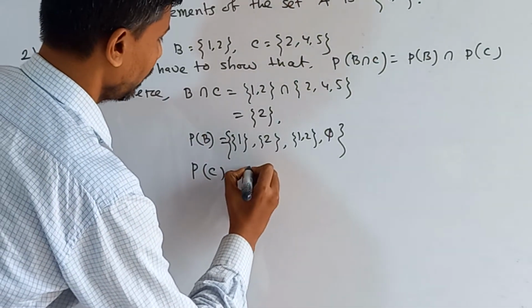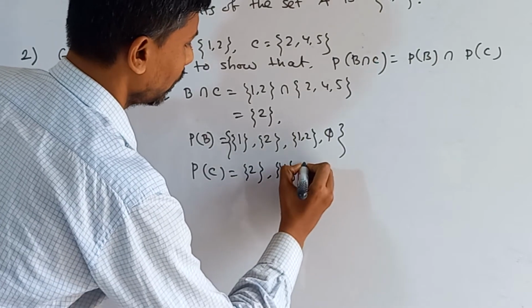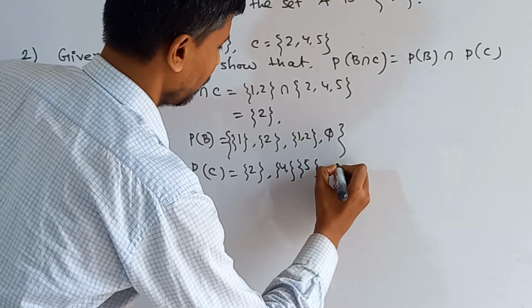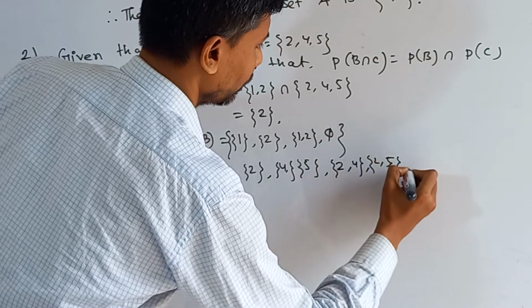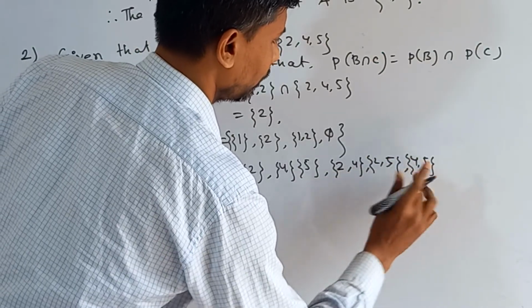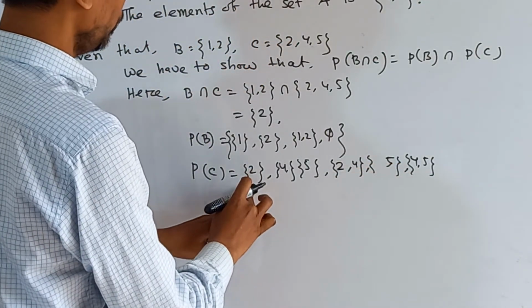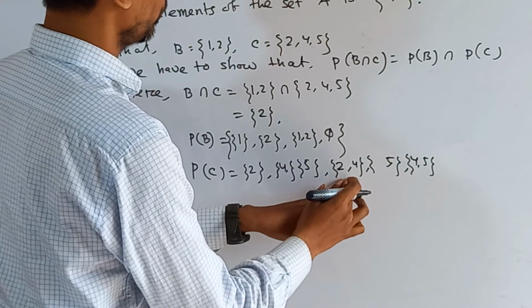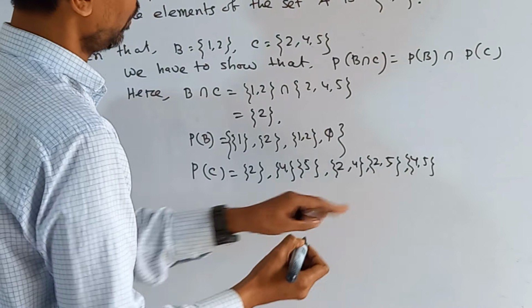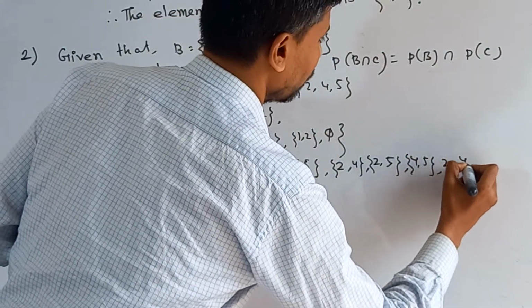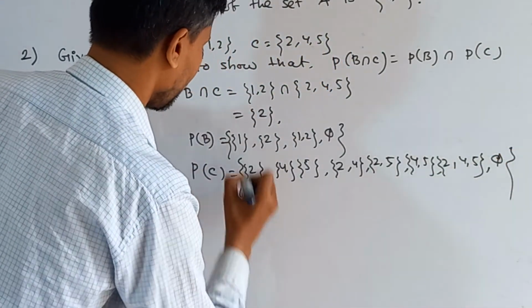So write {2}, {4}, {5}, {2, 4}, {2, 5}, {4, 5}, and {2, 4, 5}, and the empty set.